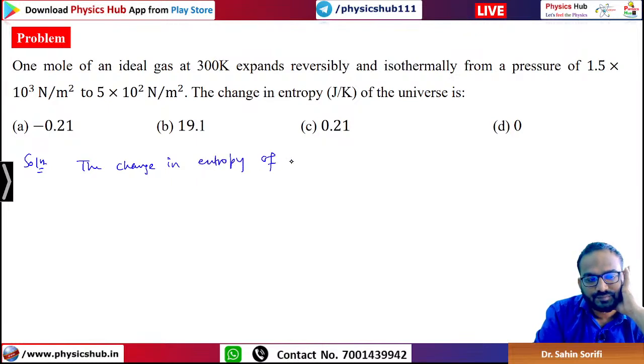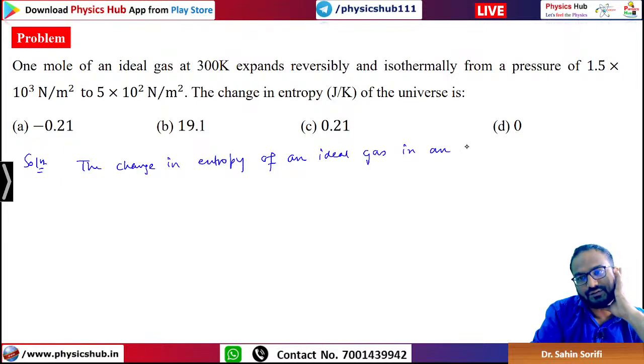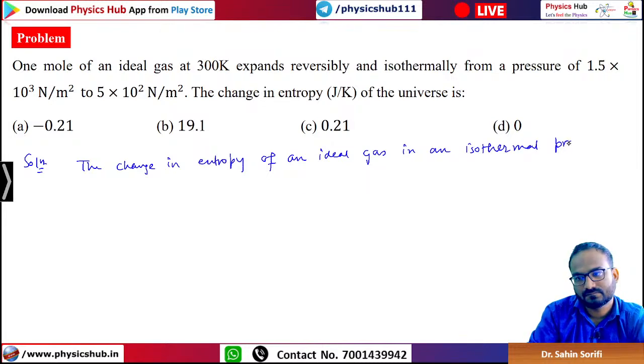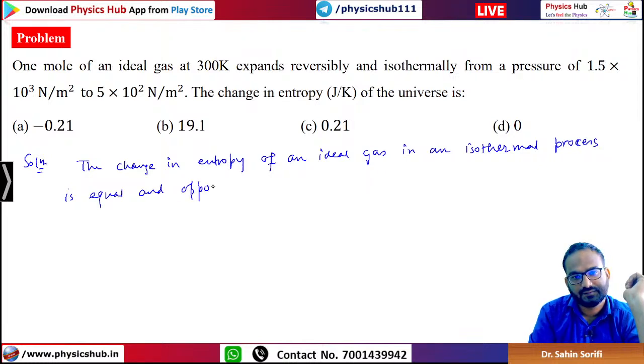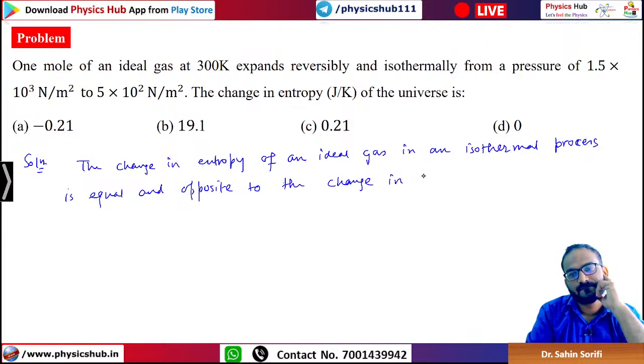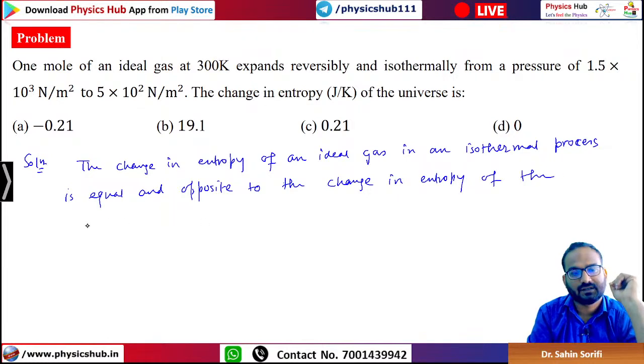Change in entropy of an ideal gas in an isothermal process is equal and opposite to the change in entropy of the surroundings.